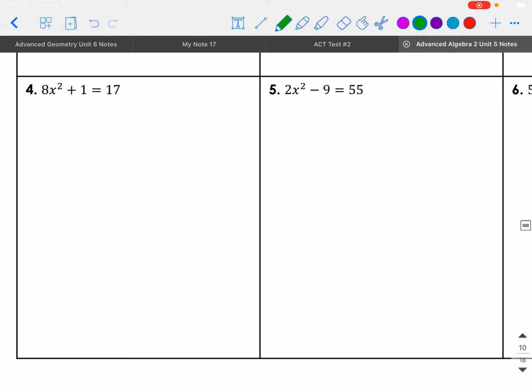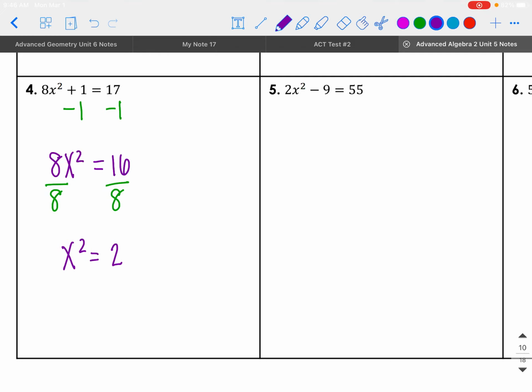All right, number 4, let's subtract 1 to get 8x squared equals 16. And then divide by 8 to get x squared equals 2.